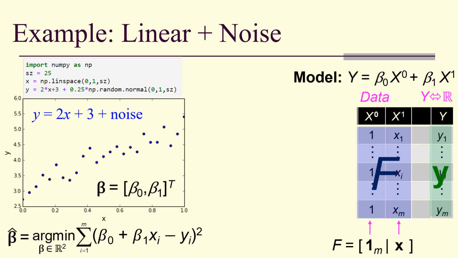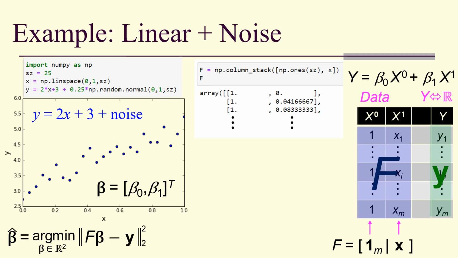And we want to solve for beta hat as the argmin of this sum of (beta naught plus beta 1 x_i minus y_i) squared, when we're summing over the data x_i, y_i. But that is the same as this expression, which is the same as multilinear regression.